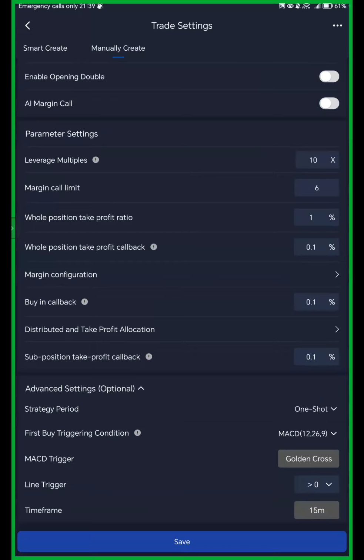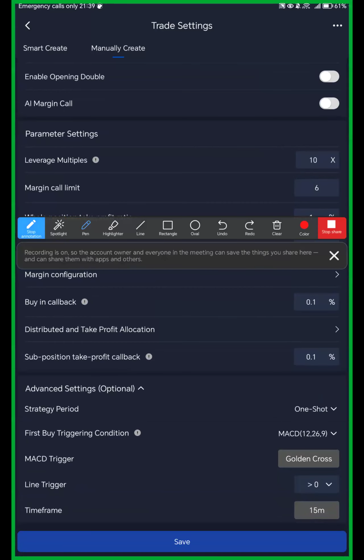Okay? So here it is. So here, there is nothing that I'm going to do apart from here. I can just tap and save here because I still want to use over the zero line. Let the robot long the market when a golden cross is happening above the what? The zero line. So I will tap save.